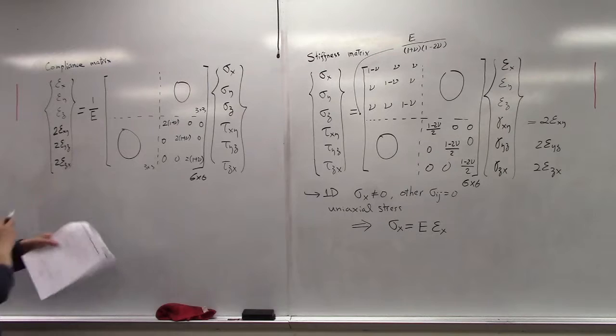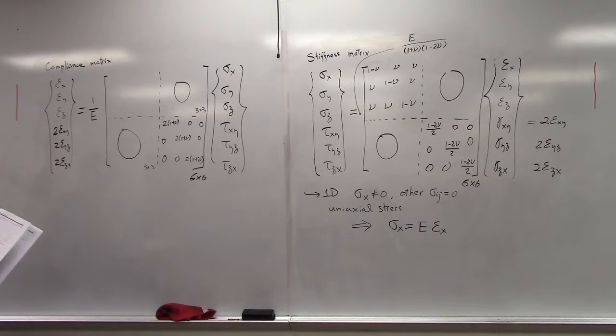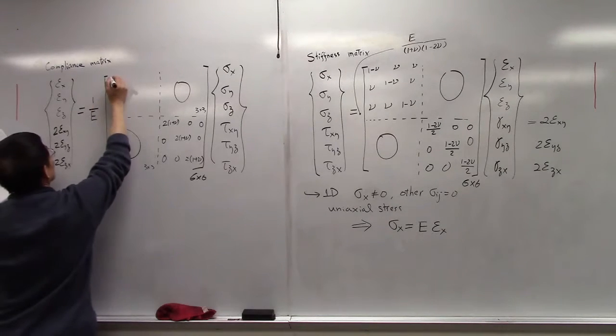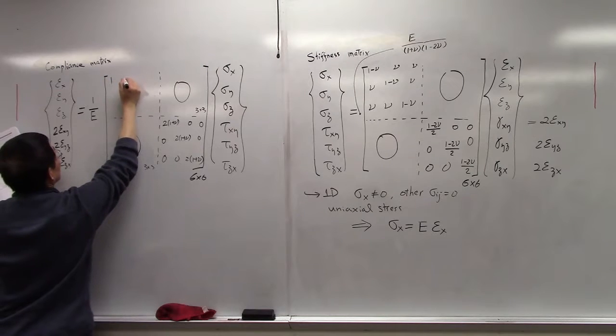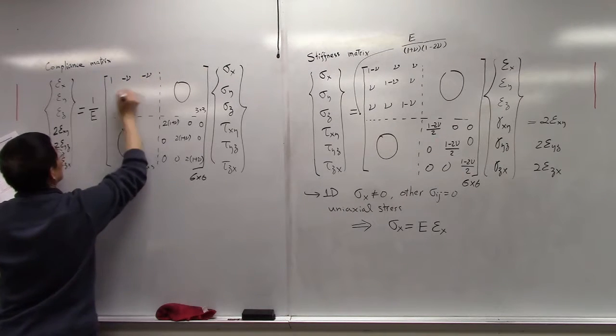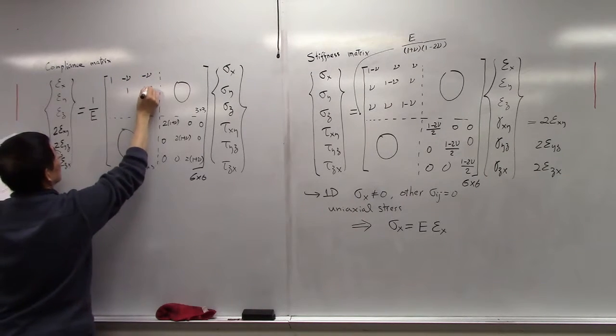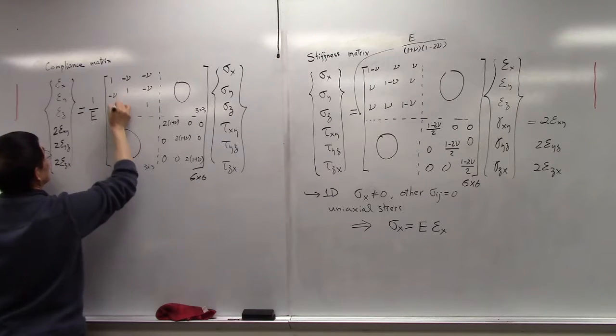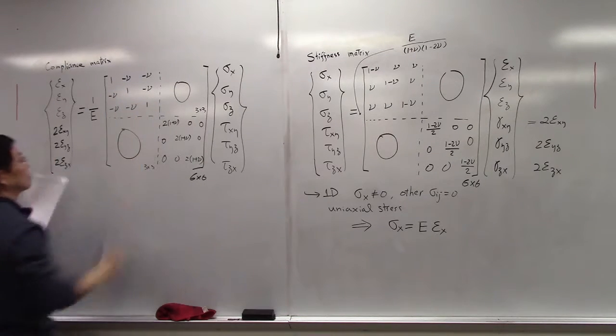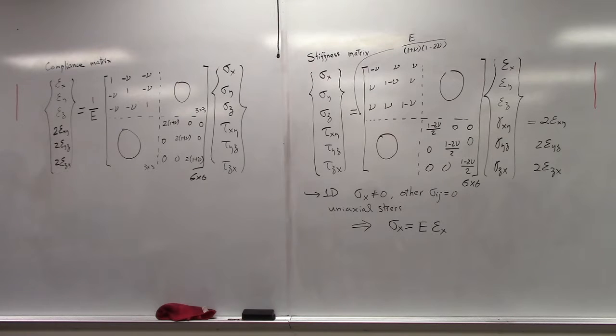And the upper left submatrix is again a full matrix. And here is 1, negative nu, negative nu, 1, negative nu, and then 1. And negative nu here, negative nu, negative nu. Okay? So that's the compliance matrix.